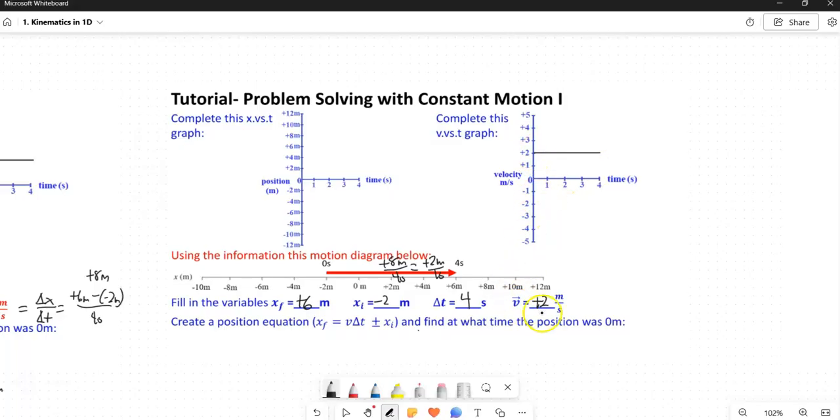That is that constant velocity of positive 2 meters for every 1 second. And then over here, it starts off at negative 2, ends at positive 6. So there we go.